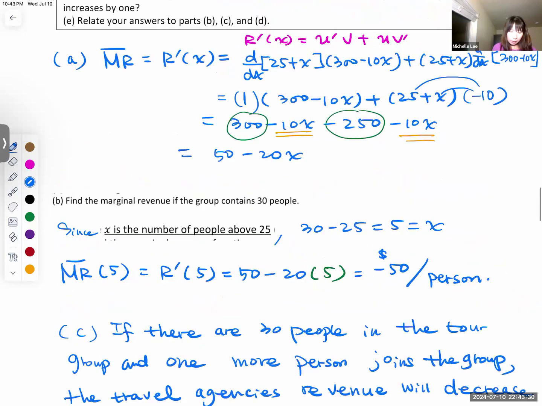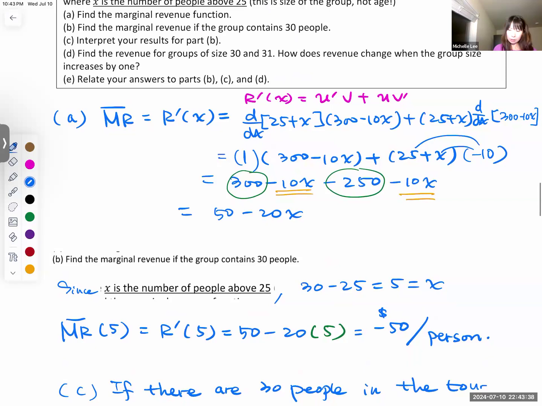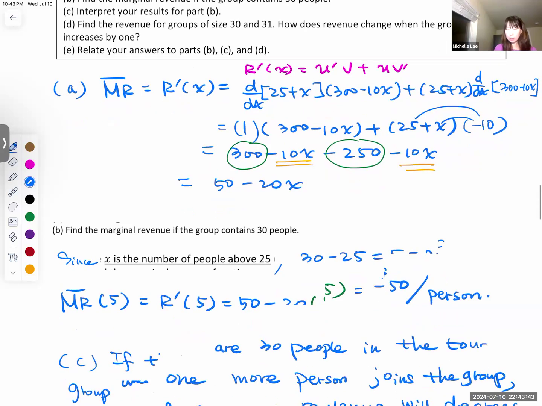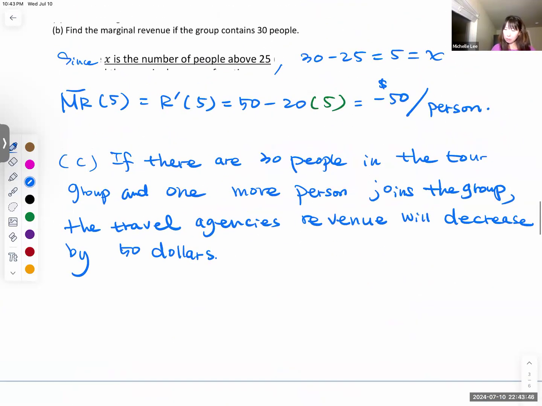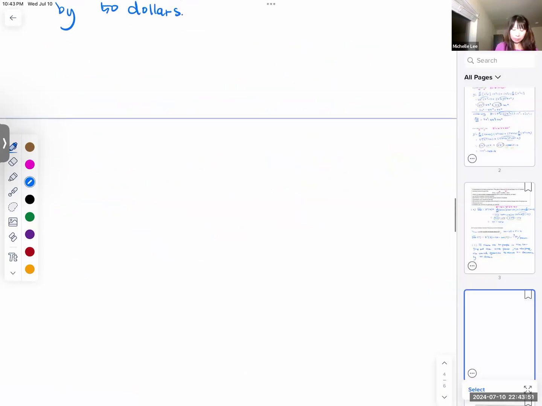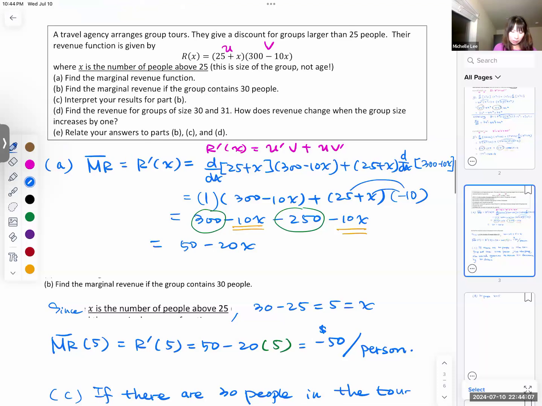Okay. D, find the revenue for group size 30, 31. So what's the change when the group size increased by 1, right? So let me do this one. D. So 30 people, we had x equal to 5 earlier, right? Then revenue, I need the function.